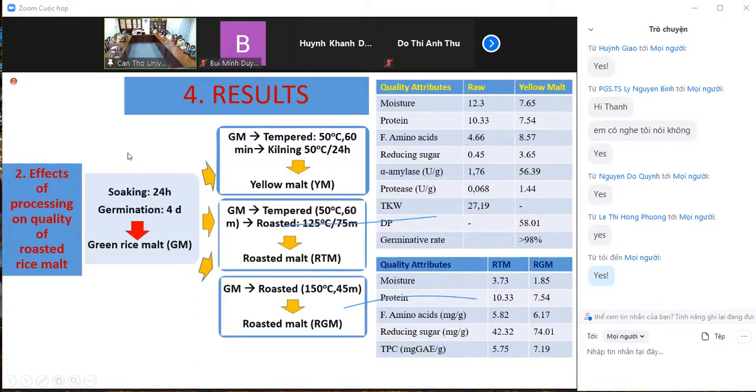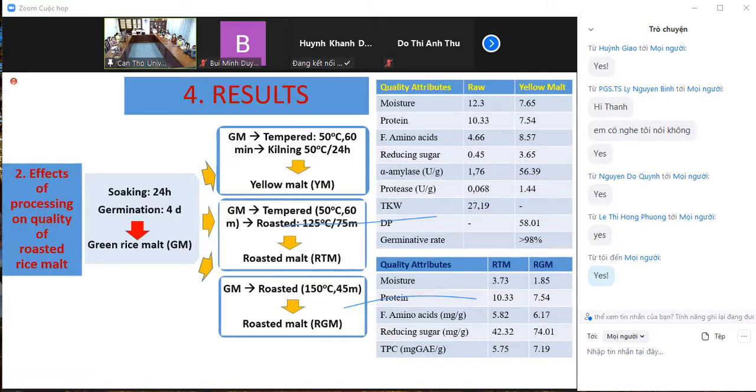We can get some results. First, dry rice is soaked for 24 hours, and after that, the rice is germinated for 4 days, and we obtain green malt to make malting malt.